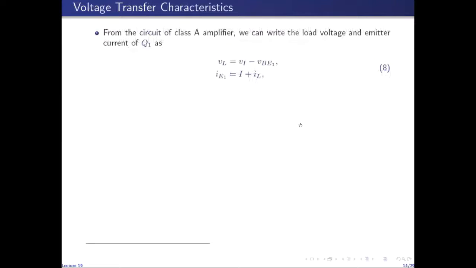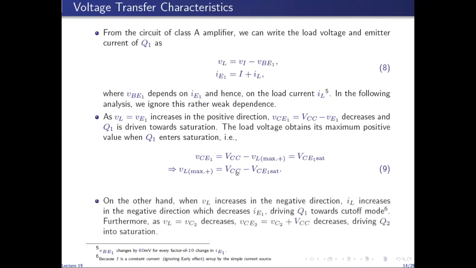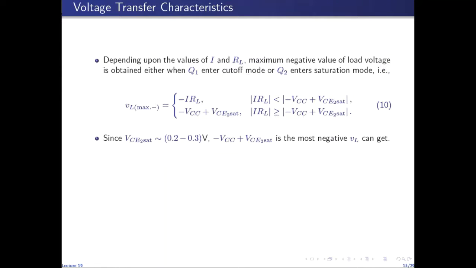So from 9, we see that ignoring this quantity, VL maximum positive is equal to VCC, and ignoring this quantity, VL maximum negative is equal to minus VCC if I, capital I, is at least equal to this value.